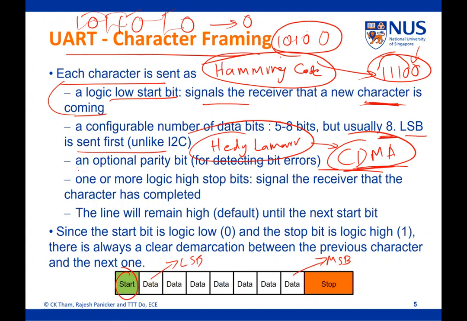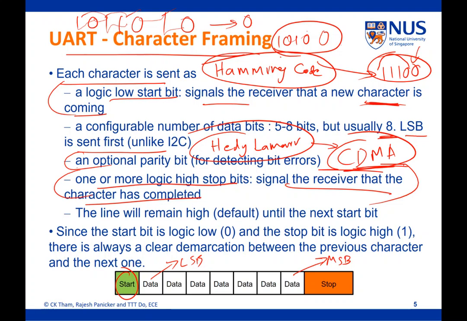Now, that is a use of parity bit. Then you have one or more stop bits, and stop bits are logic high. It is to signal the receiver that the character has completed. So once a character has completed, you will have one or more stop bits. That is configurable. You can define how many stop bits you want.